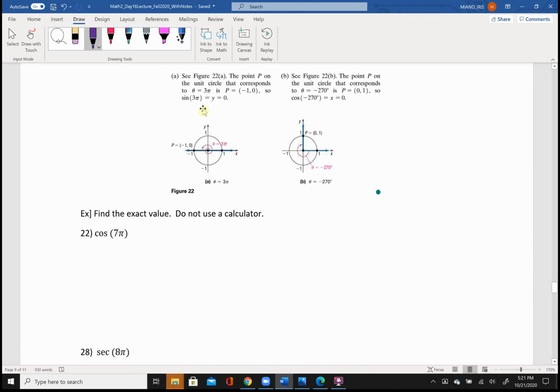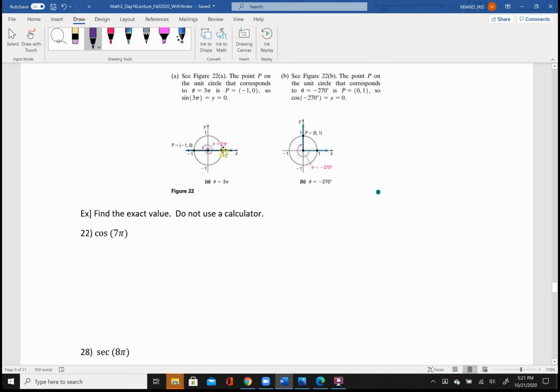Okay, so as you can see in figure 22 part A, we are trying to figure out where a theta of 3 pi rests in terms of the terminal side. So notice that 3 pi is a multiple of pi, sure, okay, but when you go around the circle 2 pi times, you end up right here, and then you have one more pi of rotation to go.